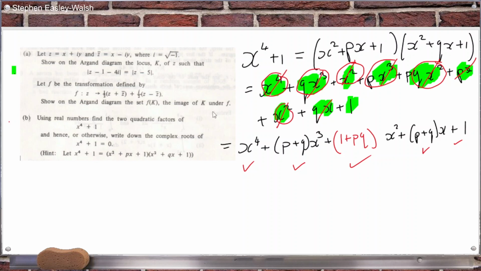Right, so we still have the same: p must equal minus q. And then 1 minus p squared must equal 0, or just p times q equals minus 1.